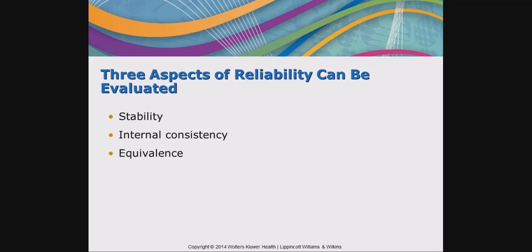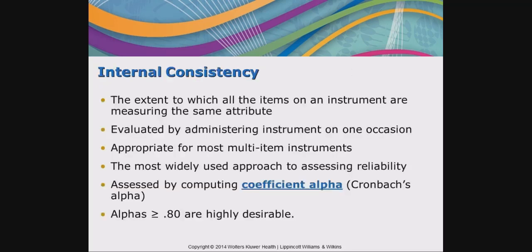So while my tool remained, it had high reliability scores, so I could know that the results were true. I hope that makes sense, as we talk about internal consistency.